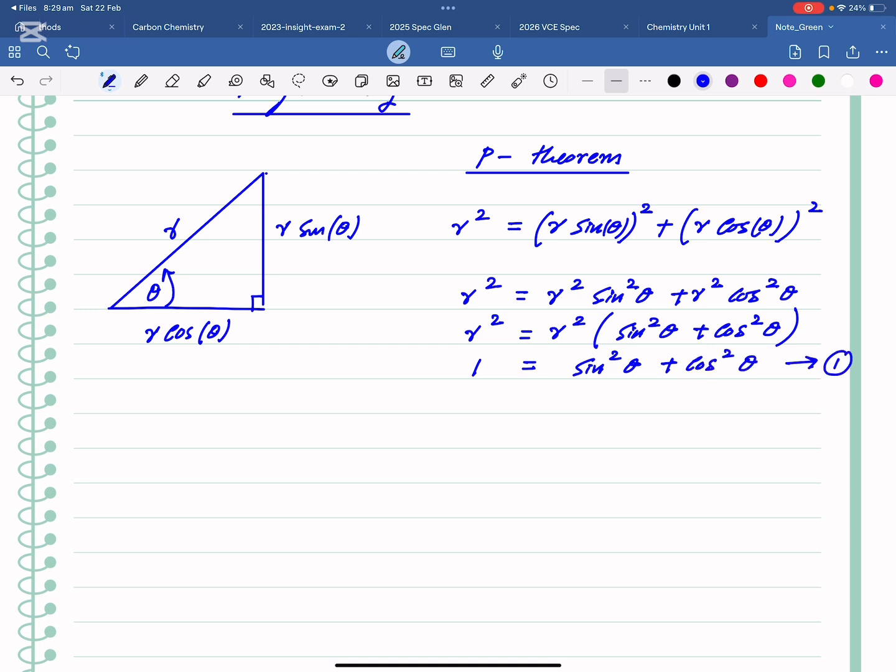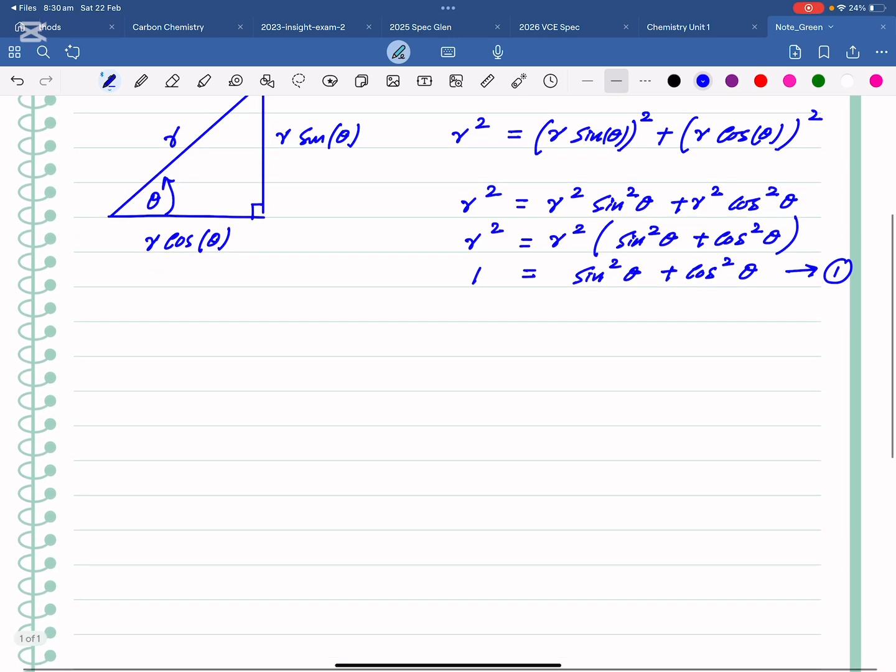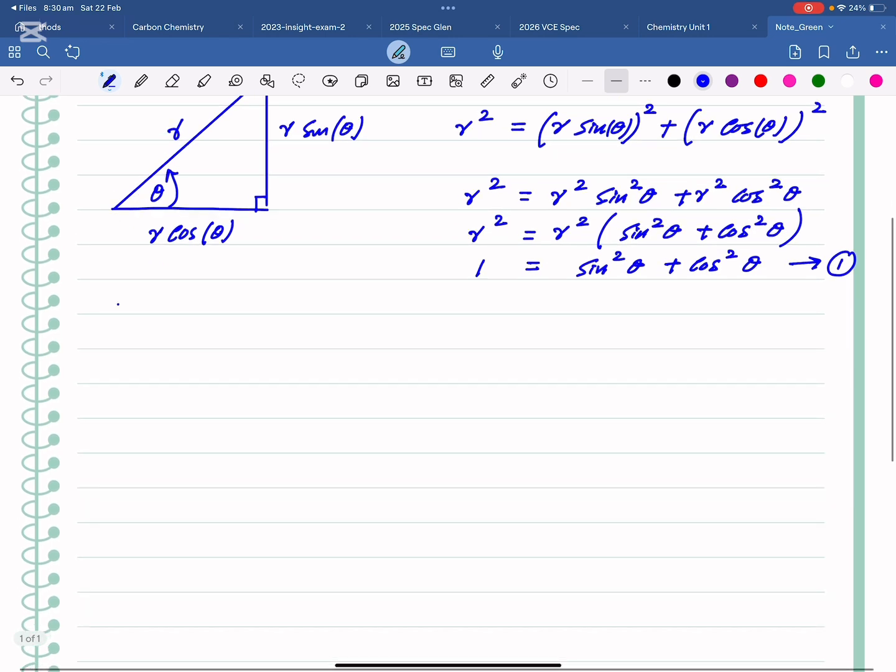Even for methods we need this. So now this tells you, theta can be anything.